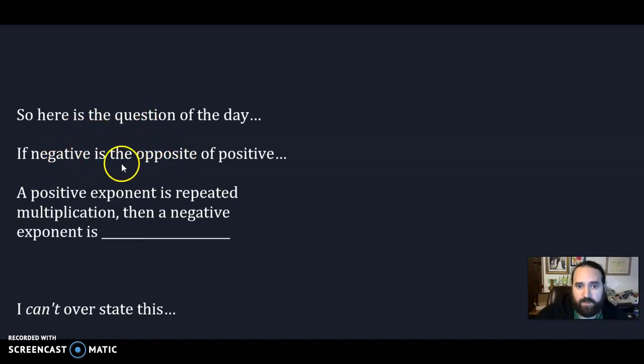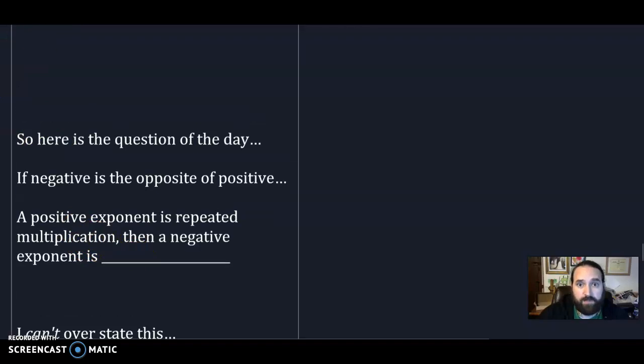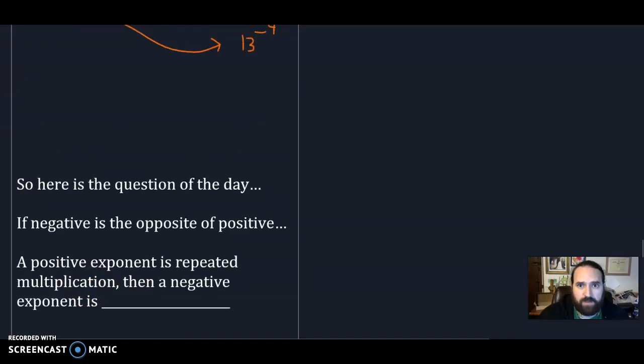if a negative is the opposite of a positive, think about it, guys. Negatives, positives, they're opposites. Positive exponents are repeated multiplication. So we think the opposite. What is the opposite of repeated multiplication? Well, there's no opposite to repeated, really, so we're going to keep repeated. But the opposite of multiplication is division. So the opposite of repeated multiplication would simply be, oh, sorry, I was trying to be fancy.